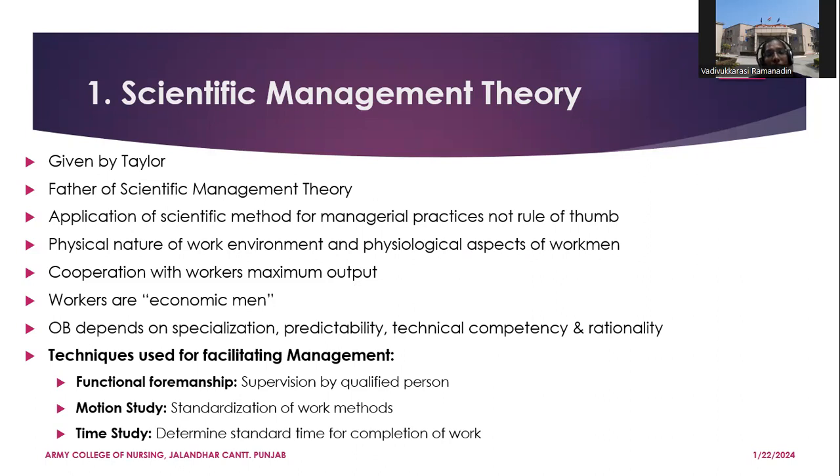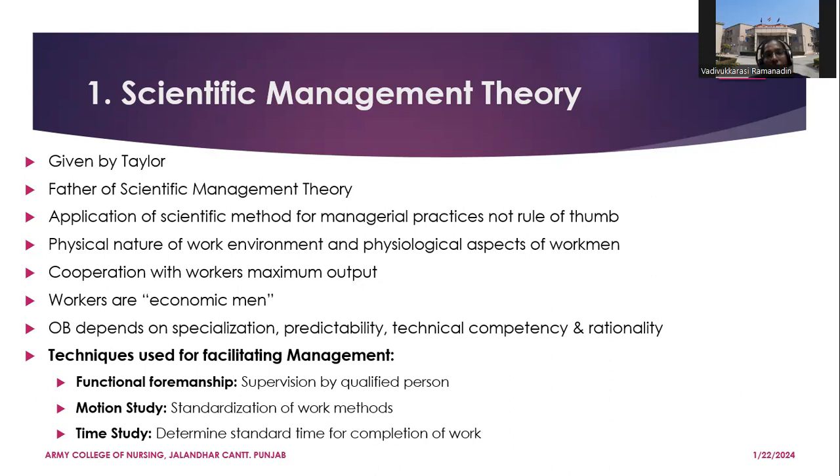Physical nature of work environment and the physiological aspects of workman. If the work environment is good and the work culture is good, definitely employees would be sticking on to our institutions and then they will do a good thing. Cooperation with workers, a maximum output. If at all we are having a good cooperation with the workers, they would be giving a good output. So workers are like economic men.